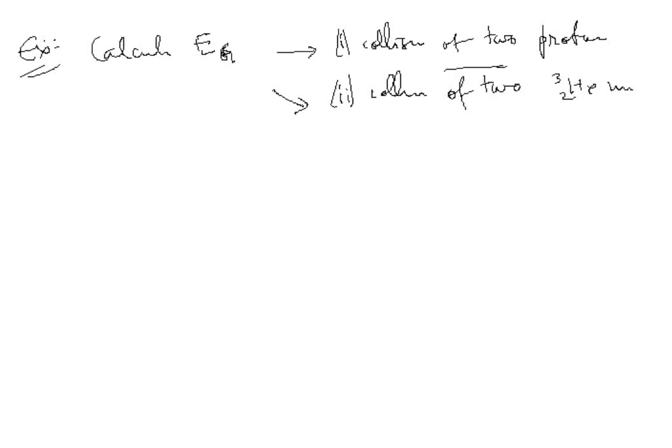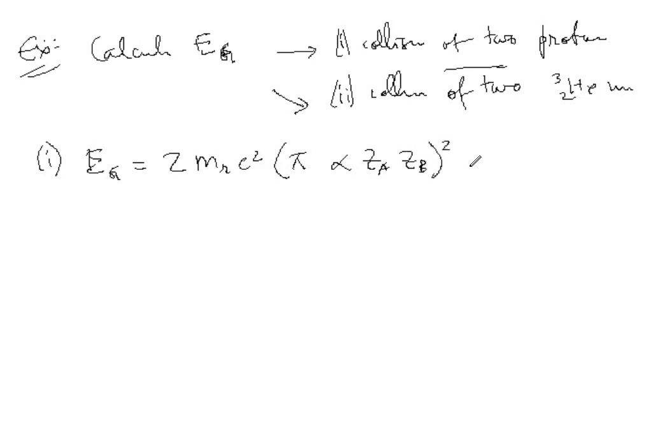Let me show you. The first part is the collision of 2 protons. Let me write down the gamma energy. Eg is equal to 2 mr c square pi alpha Za Zb, whole square. What is mr? It is the reduced mass, Ma Mb over Ma plus Mb.